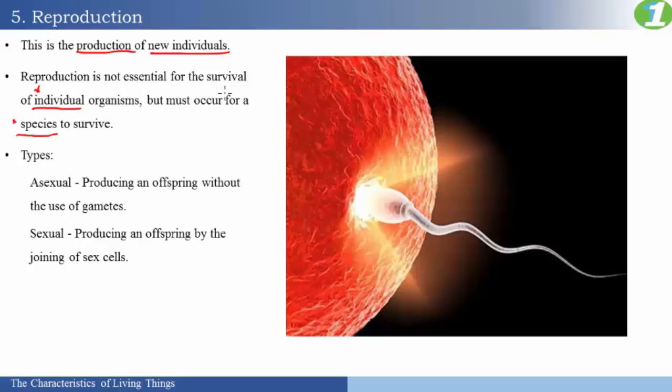So say, for example, if one individual in the population is not able to reproduce, maybe because of some form of dysfunction or some sort of problem, that does not define the entire species, because the species as a whole is a reproducing species.